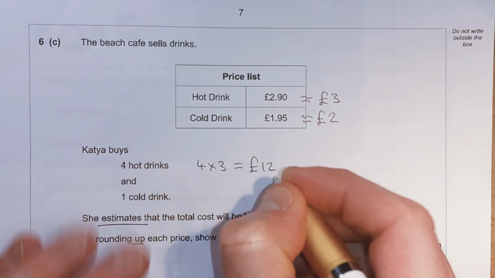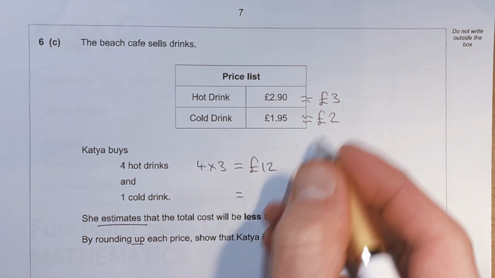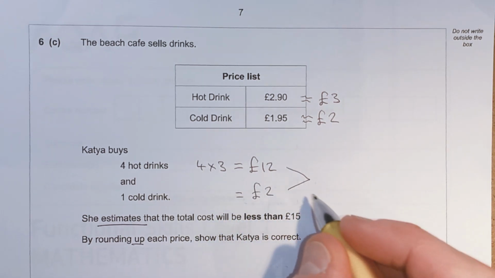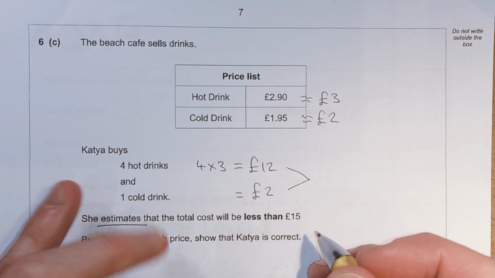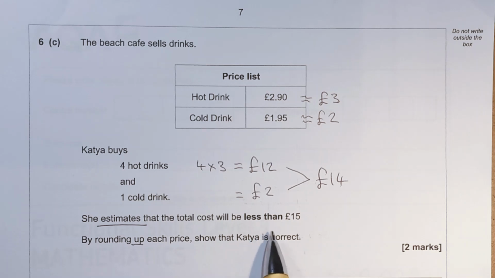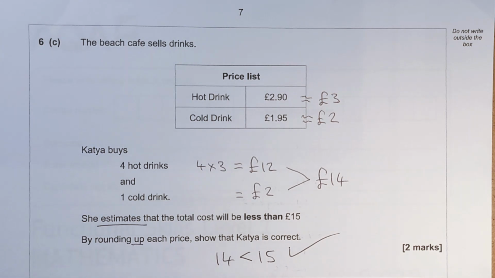It's £12. 1 cold drink, that's just going to be £2. So 12 plus 2, that's just 13, 14. That's going to be £14. She estimates the total cost will be less than £15. Show that she's correct. So we can say 14 is less than 15. And that's the end of the non-calculator section.